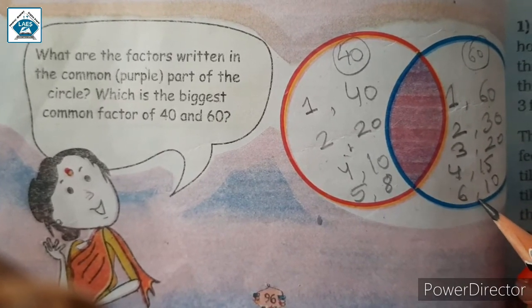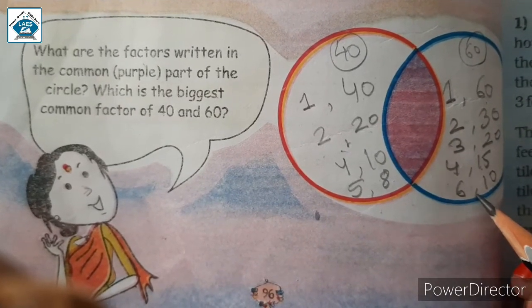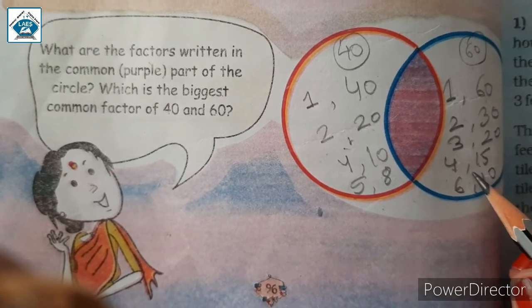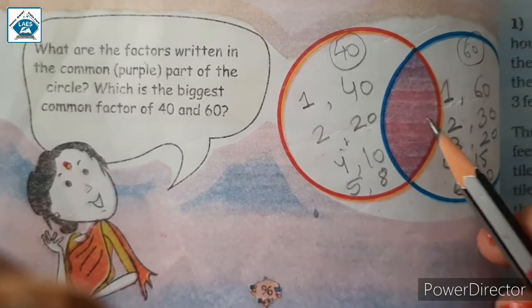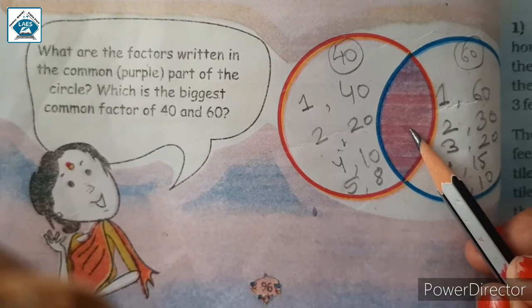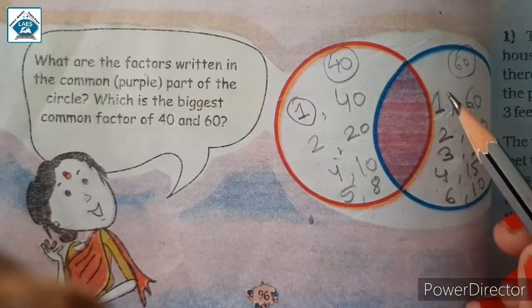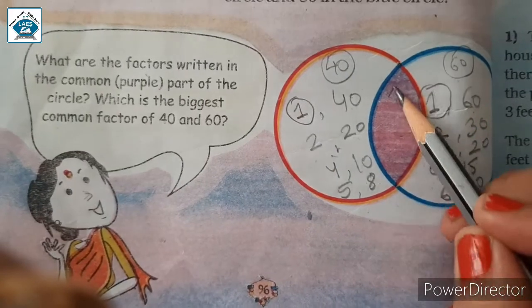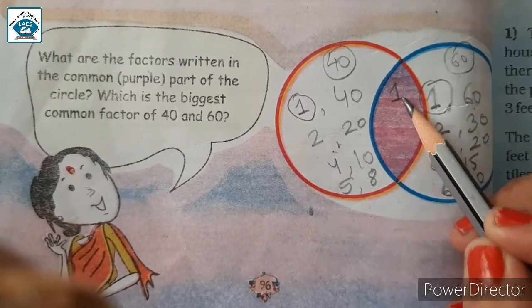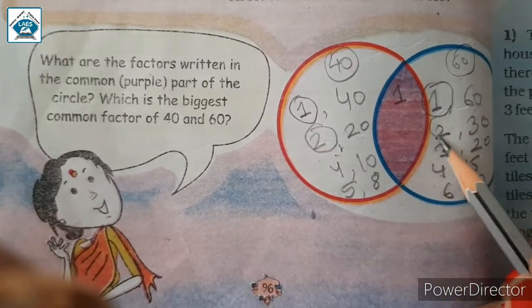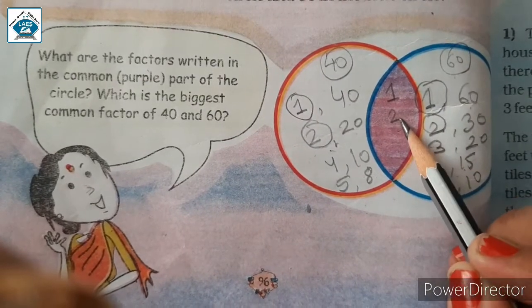So now check which numbers are common and write them in the purple circle. Number 1 is common, so write 1. Then number 2, write 2.